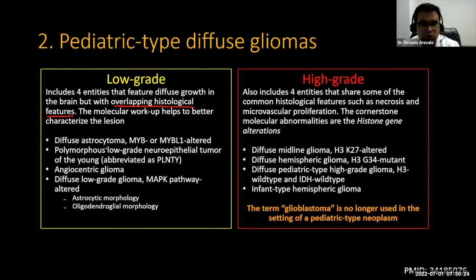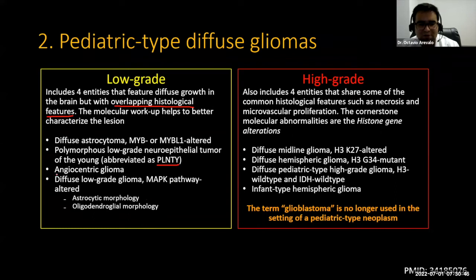So there are a few new tumors like the diffuse astrocytoma, MYB or MYBL1 altered. This is a new tumor, the polymorphous low-grade neuroepithelial tumor of the young, abbreviated as PLNTY, the angiocentric glioma, and the diffuse low-grade glioma MAP kinase pathway altered.